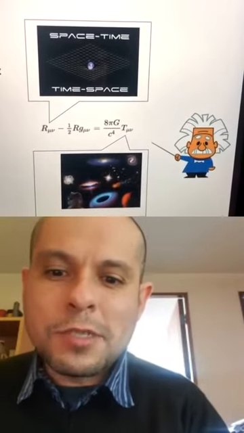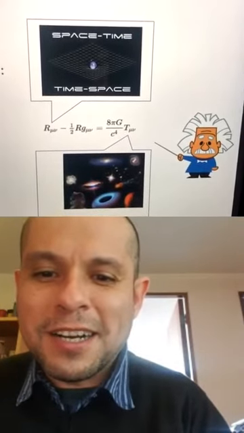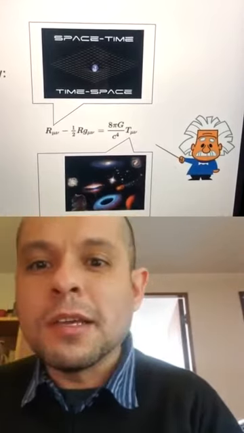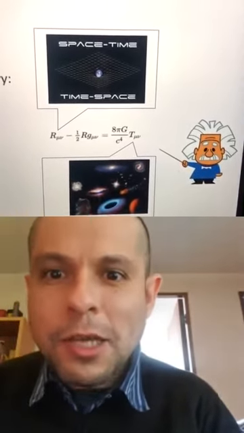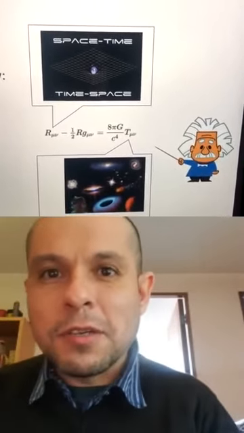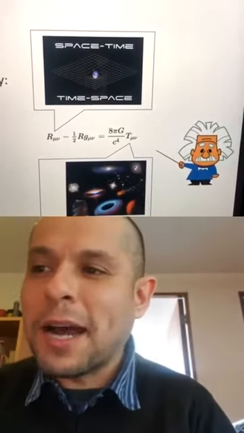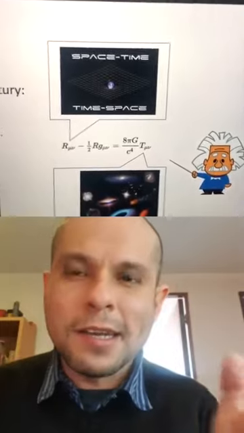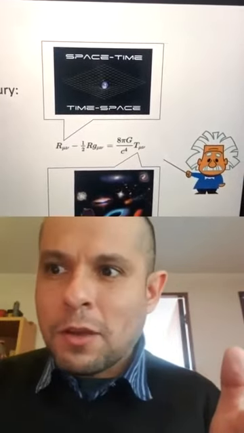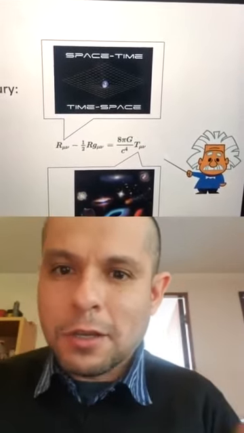It looks kind of simple, but it's not that simple. It is actually a set of about 10 equations, something called differential equations, which are kind of complicated. But even that is an oversimplification of the universe.